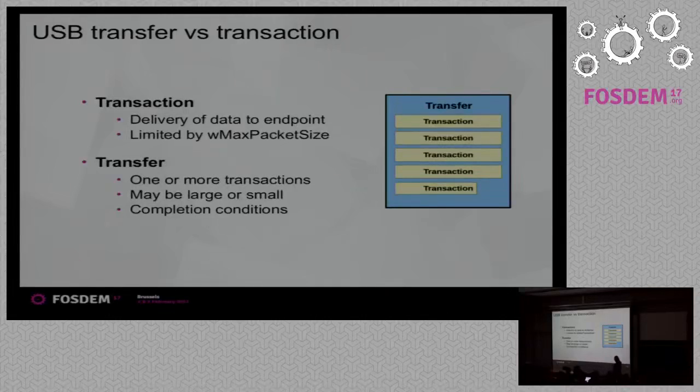A set of transactions, of which only the last one is a short or zero-length transaction, is called a transfer. Usually in drivers we operate on the transfer level. We don't care about transactions. It is the role of the host controller to split our transfer into transactions.